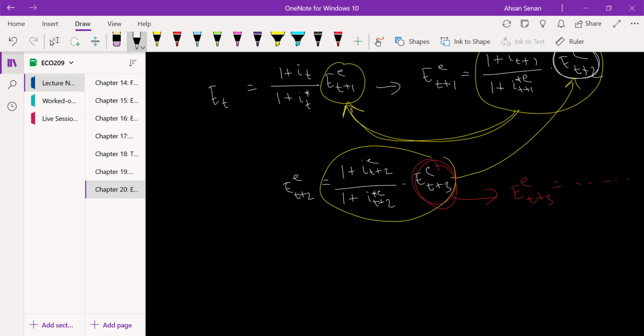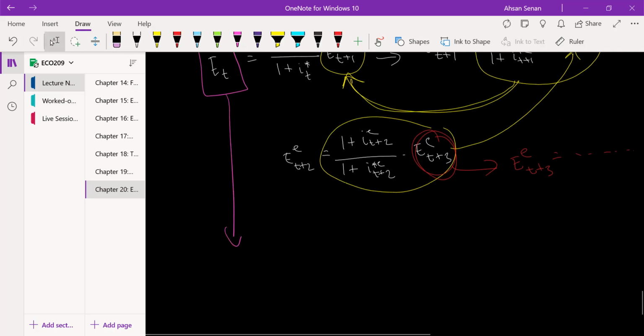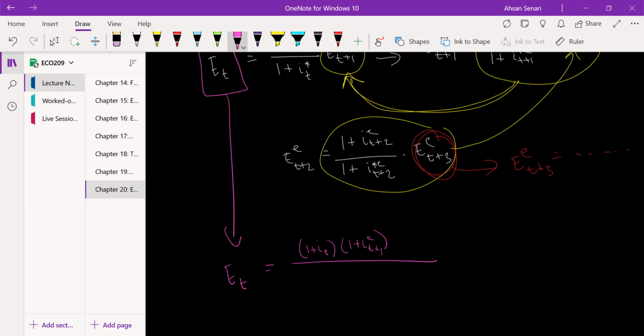And ultimately, what we are going to end up with, bring it down, expected exchange rate is going to be equal to 1 plus i_t times 1 plus i_{t+1} expectation, plus 1 plus i_{t+2} expectation, and so on, depending on how many years in the future we are going, plus i_{t+n} number of years.